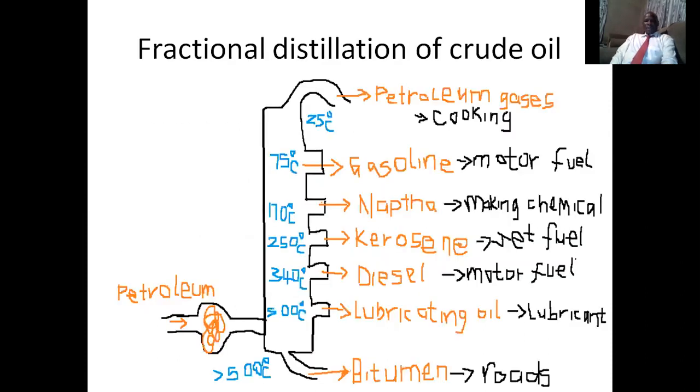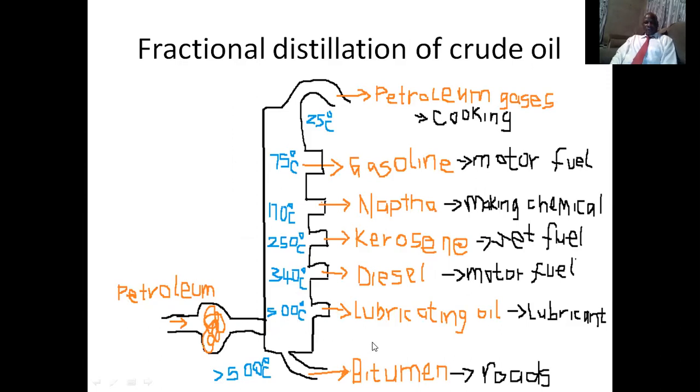Okay, so this is the fractionating column, which is basically used for fractional distillation of crude oil. At the base here, the petroleum is pumped in, and it will have the highest temperature here where it is being heated.